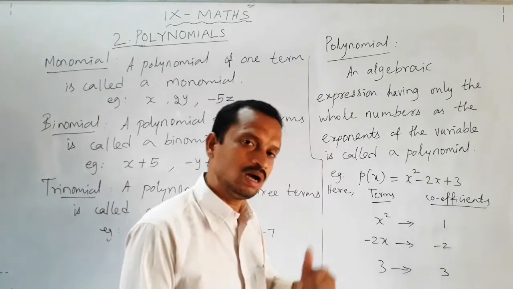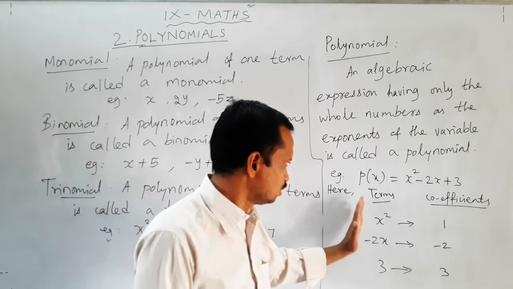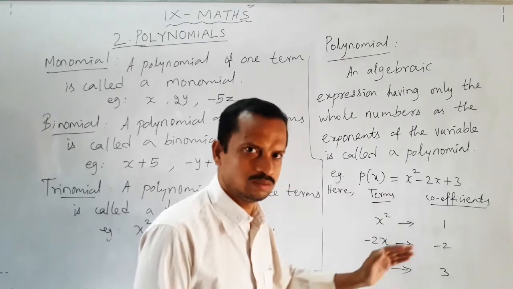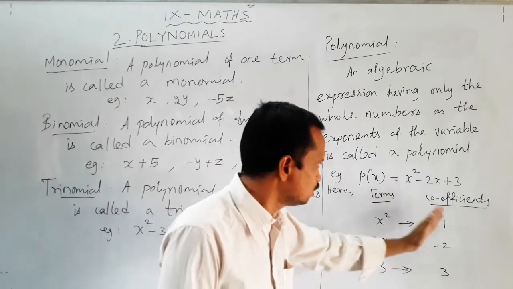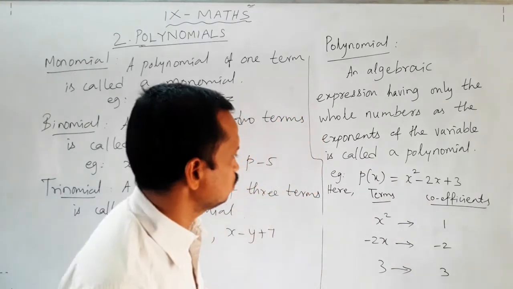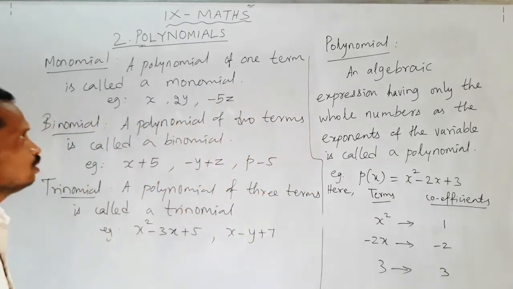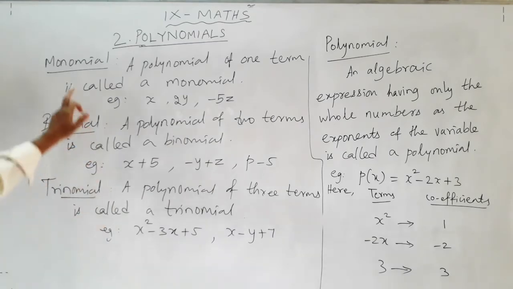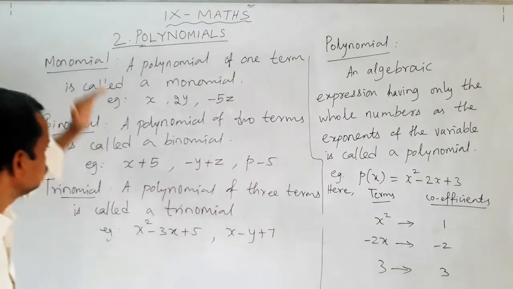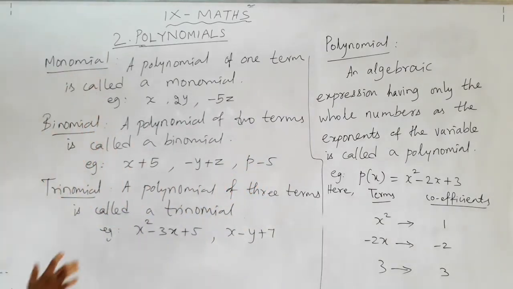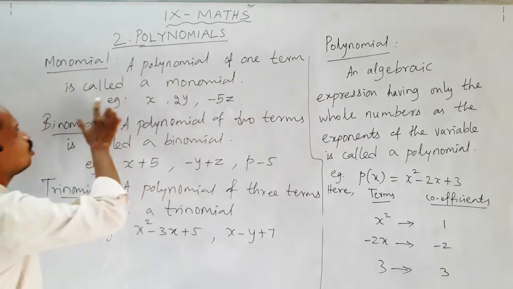So like this, you already know terms and coefficients from previous classes, and the question will be there. You have to write the terms of the given polynomial and you have to write the coefficients. Okay. And now, based on terms: monomial, binomial, trinomial. So you take all these first. This is monomial. A polynomial of one term is called a monomial.